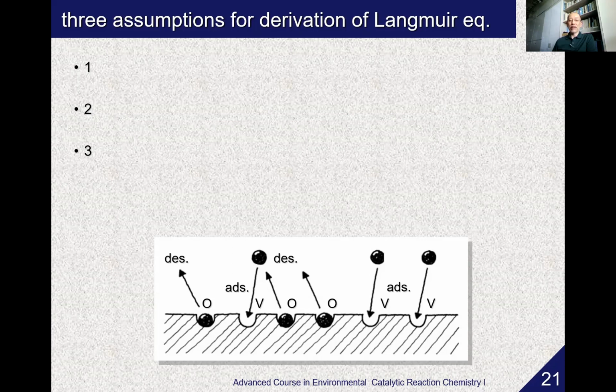So this is the starting point. And based on this assumption, Langmuir assumed three points for making the Langmuir isotherm. So please answer.